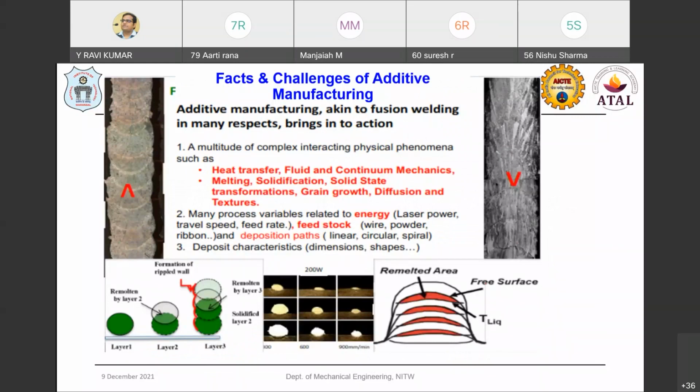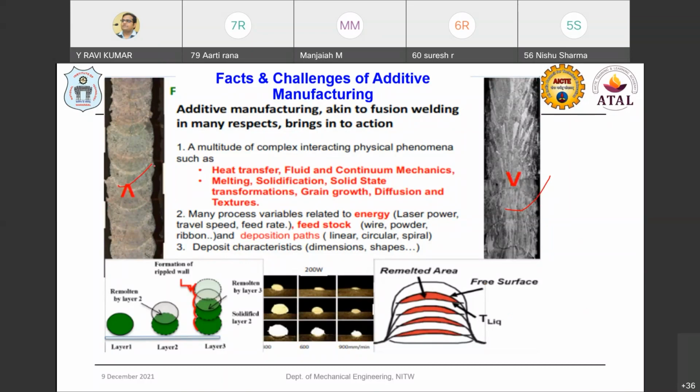When the energy density is less and not able to remelt the successive fusion layers, we get these kinds of defects or solidification profiles. When the energy density is sufficient, we get these multiple profiles.